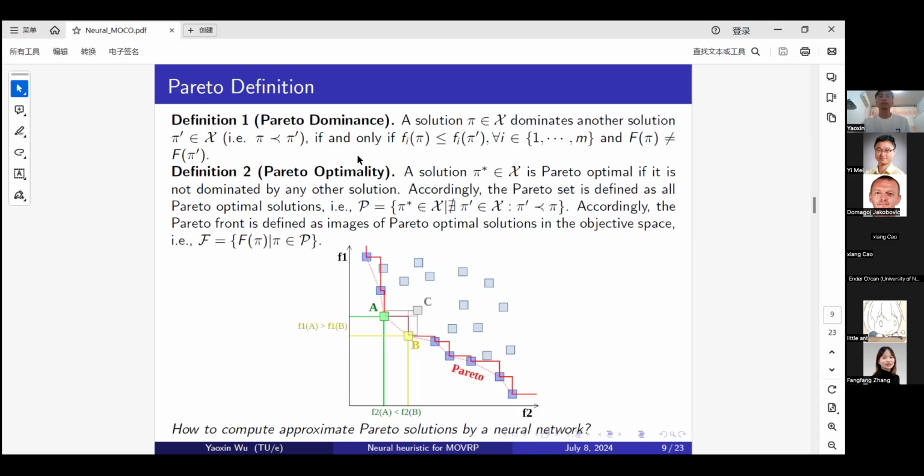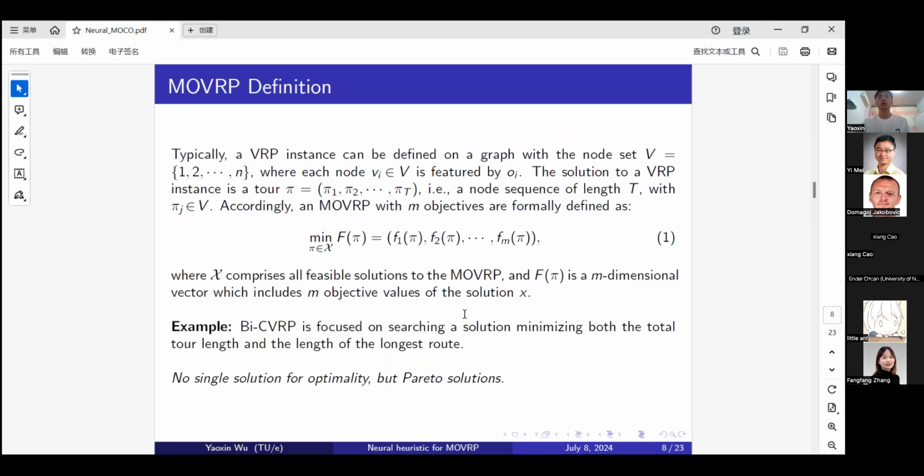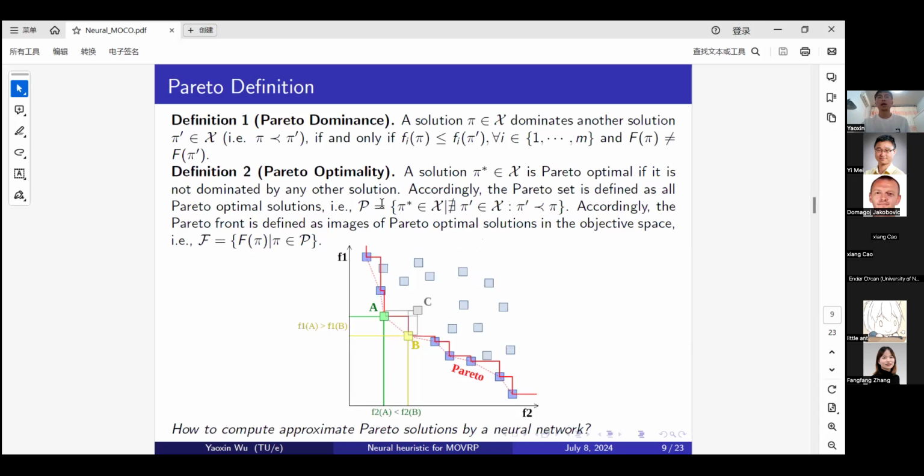Because we have different objectives, given a solution, we can input the solution into the objective functions, and then we get different values for these objectives. We call the solution Pareto optimal if it cannot be dominated by other solutions in the objective space. Here is an example of two objectives.